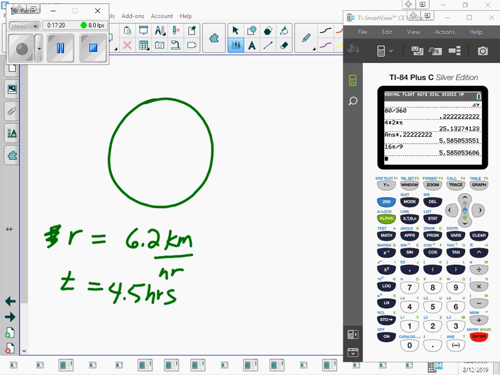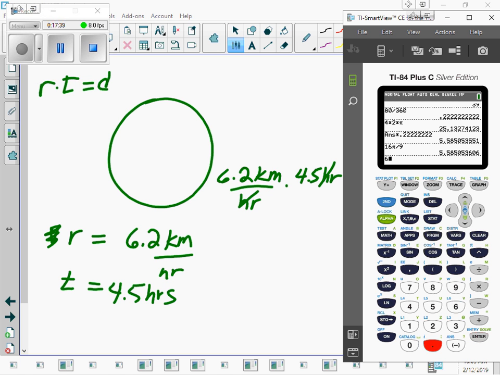To calculate the distance, we use that same formula, rate times time equals distance. So we're going to do 6.2 kilometers per hour times 4.5 hours. Hours cancel hours. And 6.2 times 4.5 gives me 27.9 kilometers.